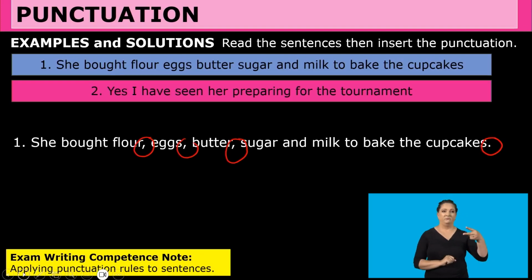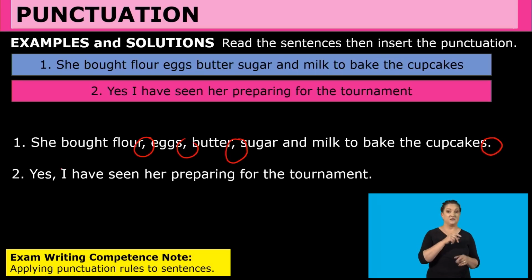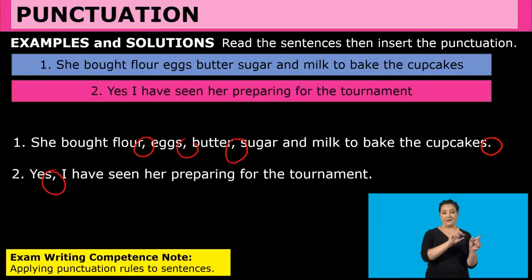In our second example: Yes, I have seen her preparing for the tournament, all right? So you're going to say, what's needed? Look in your response. See the comma after the affirmation for yes. So when we have a yes or a no affirmation, you need to include the comma. And then our full stop for our statement sentence.